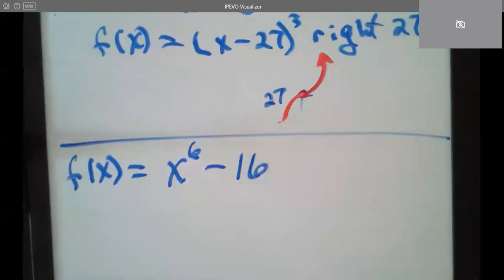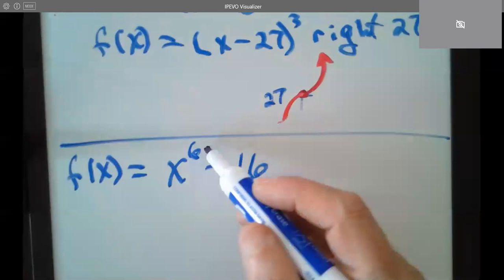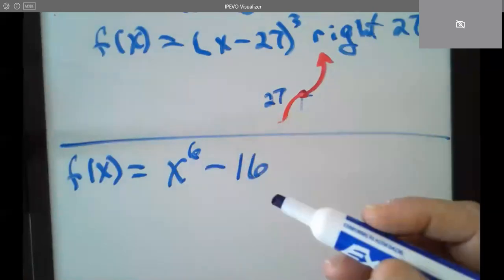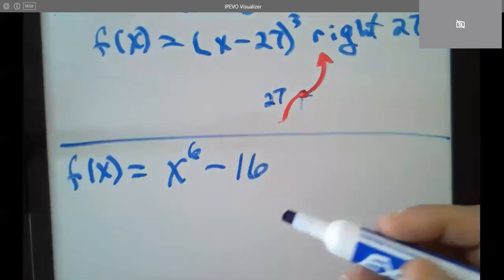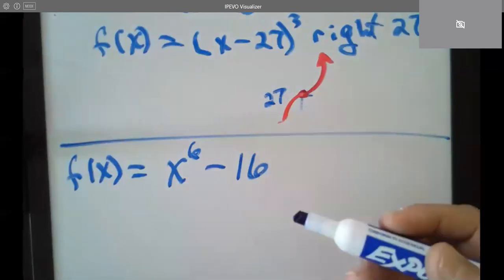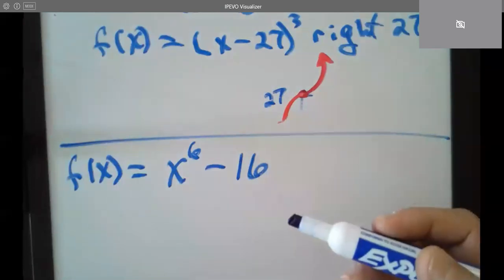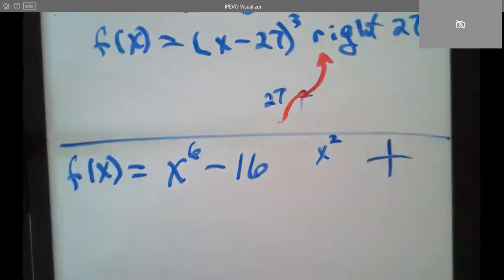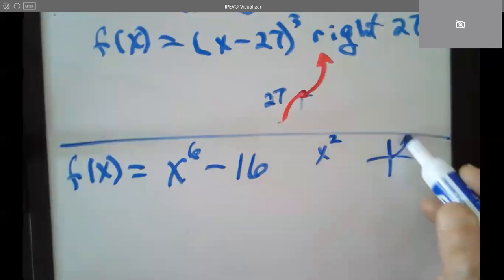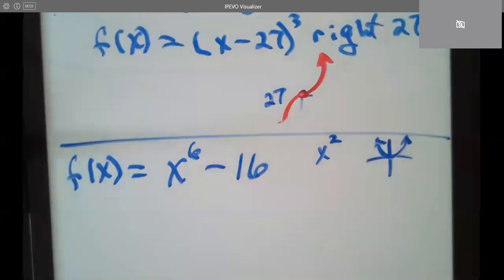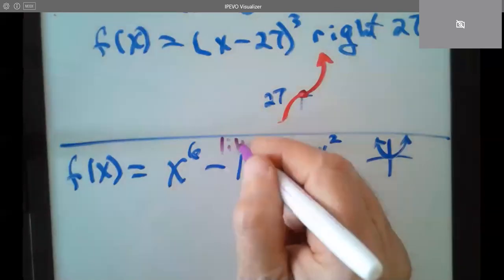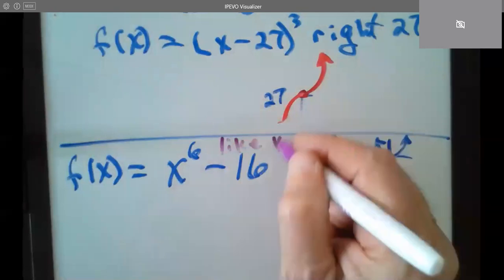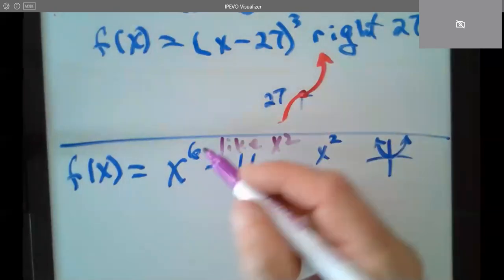If it's even, right, it behaves like... well, which one is even, x squared or x cubed? Yeah, x squared. So we start with the parent graph of x squared, because this is going to behave like x squared, because it's even, okay?